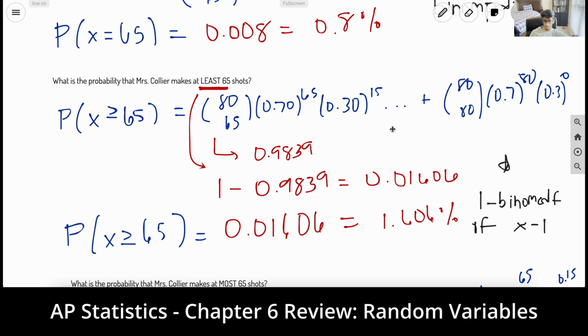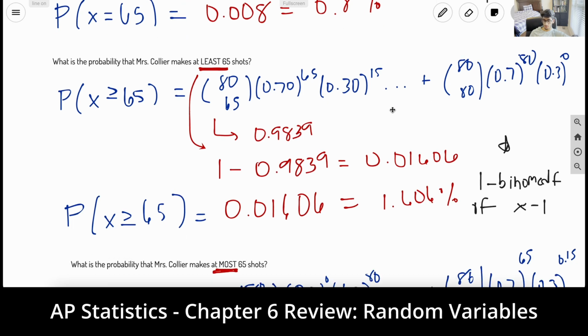So you put this in Binomial CDF in your calculator, and then once you get that number, you have to subtract it from 1. But if you put your number in Binomial CDF, you have to put x minus 1. So if this was 65, you have to put 64 in your calculator.